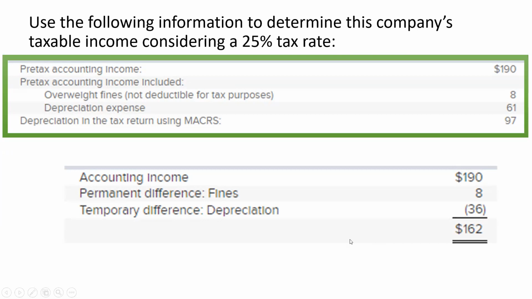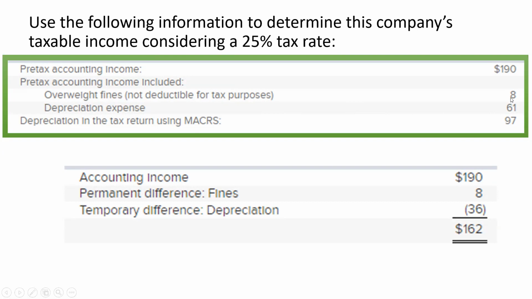All right. So we have accounting income of 190. That's what we put on our income statement. But remember, for tax purposes, sometimes that differs on what the government wants us to pay taxes on as far as income. So here we start with what our income statement shows. Then we have the permanent difference, see here, the overweight fines.